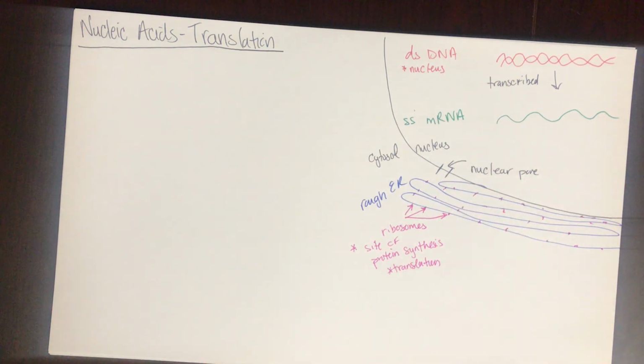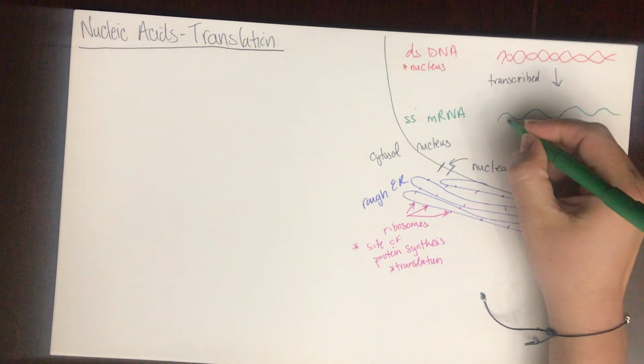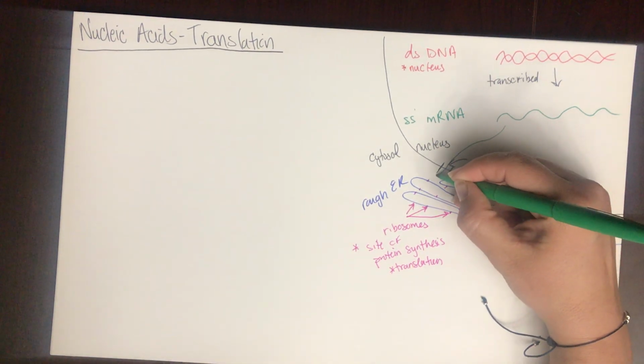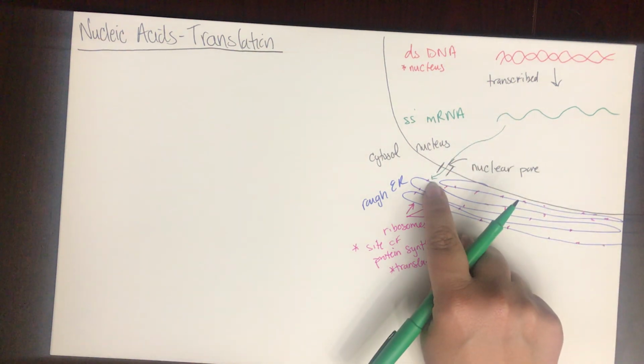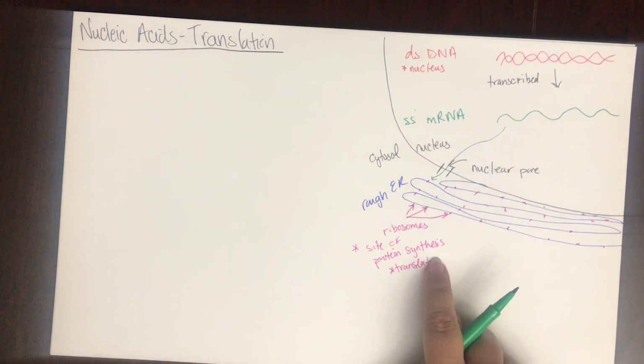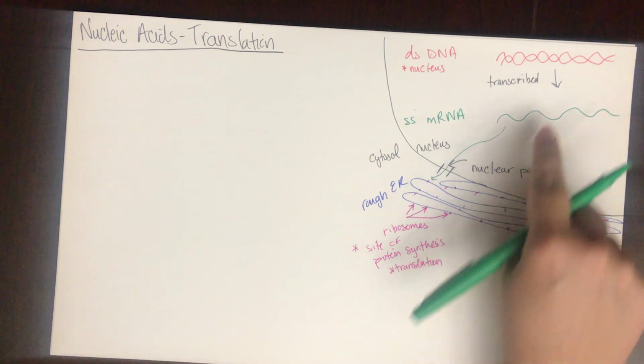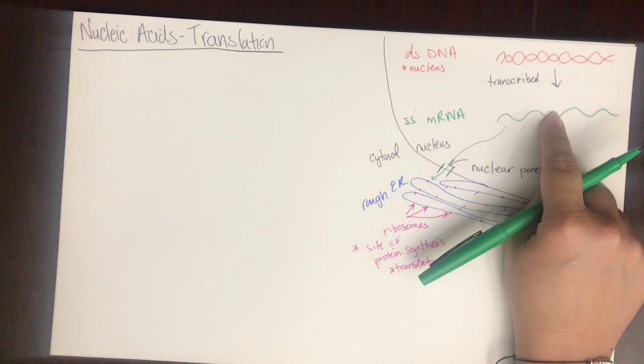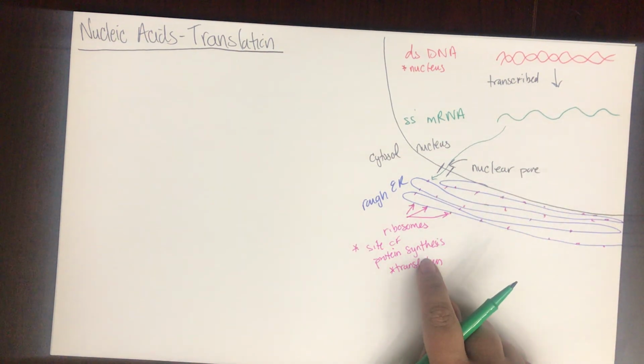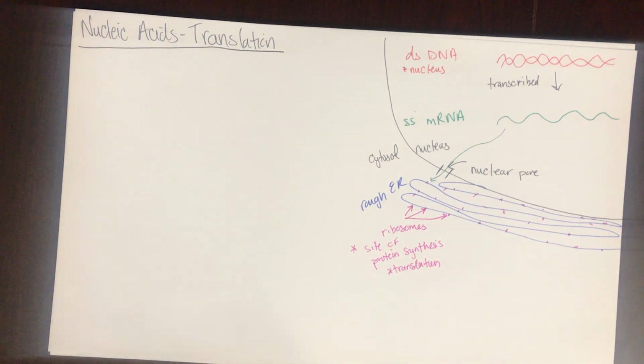Double-stranded DNA cannot go through the nuclear pore. The messenger RNA finds a ribosome, and on the ribosome is where it is read and translated into protein.